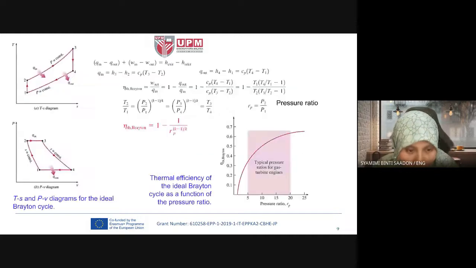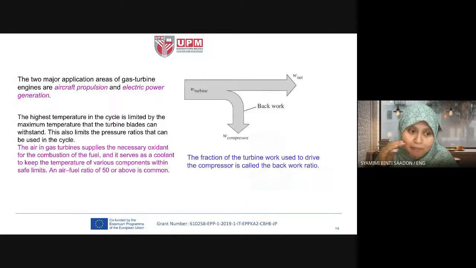If we increase the T3, the turbine inlet temperature, because 3 to 4 is the turbine expansion process, we know from the calculation here that we can increase the thermal efficiency, right? But at the same time, we have a certain maximum value that the turbine blades can withstand, according to the material used for the turbine blades.